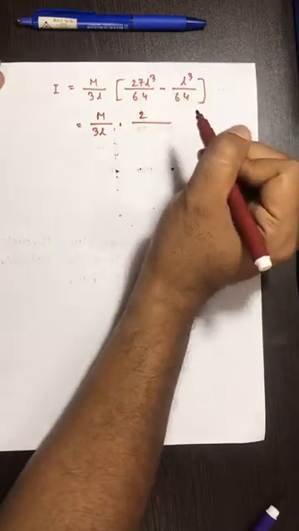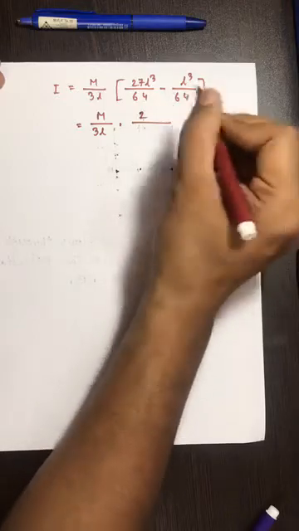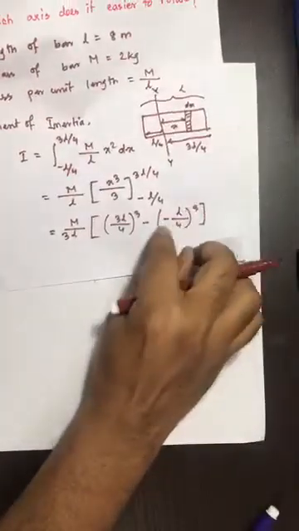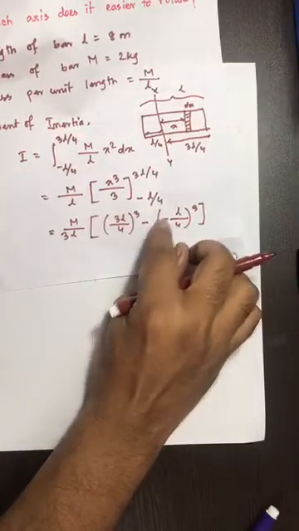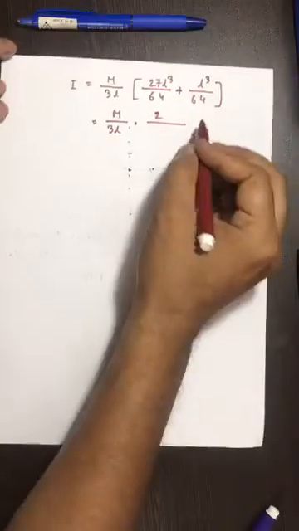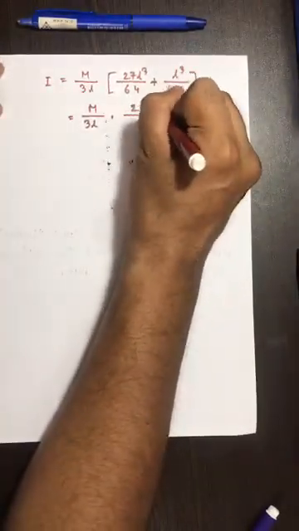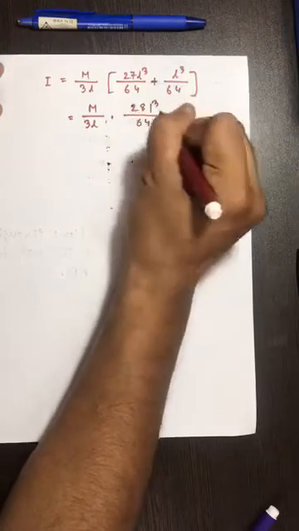There is a minus, which here becomes a plus, because minus times minus is plus. I'm doing a little bit wrong, so I write it down: there is L cube by 4, so it is 28 L cube divided by 64.